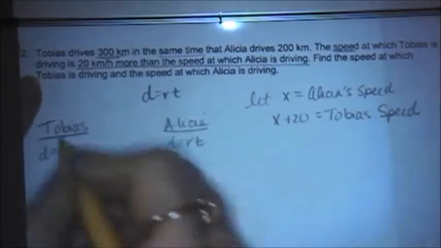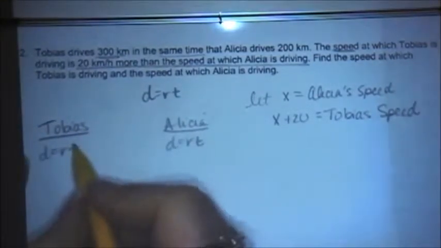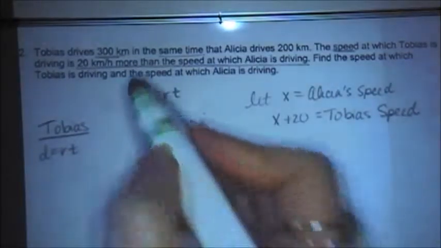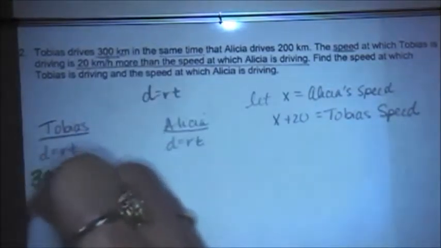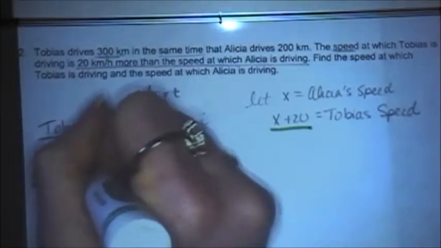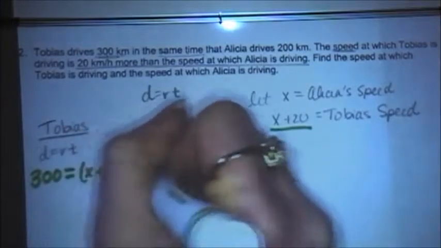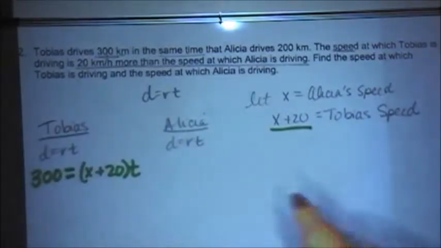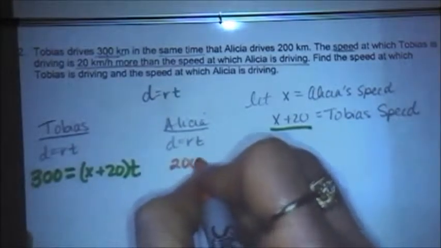Now that I know that, I can set up a D equals RT for each of them. So let's see, Tobias, his distance is 300 kilometers. His rate, or his speed, is x plus 20. And they didn't give us any time. Now Alicia, her distance is 200.